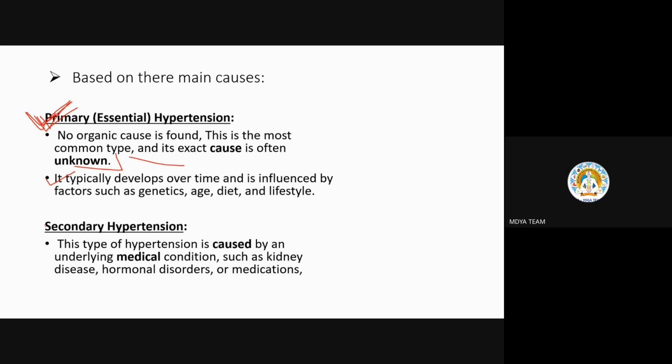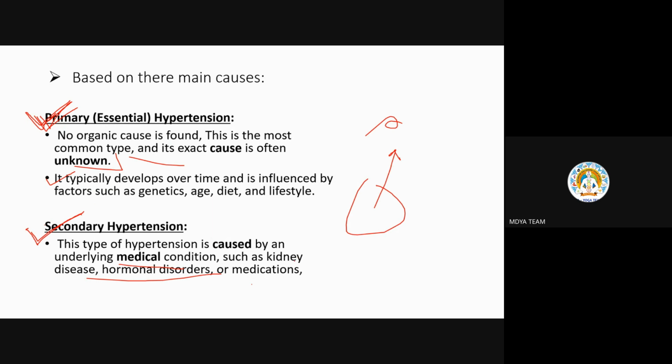Now, secondary hypertension is the type of hypertension caused by a medical condition. If a person has some other condition or disease, some other problem leading to continuous persistent high BP, then that is called secondary hypertension. It is due to other diseases, such as kidney disease, hormonal disorders, or medications.